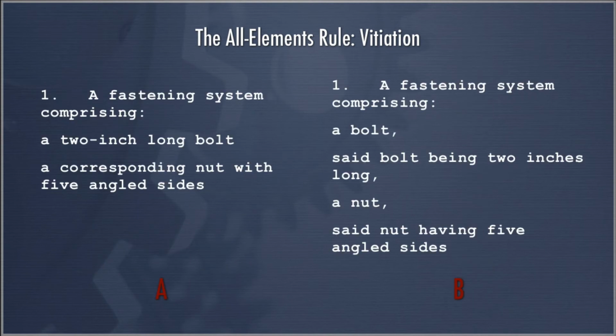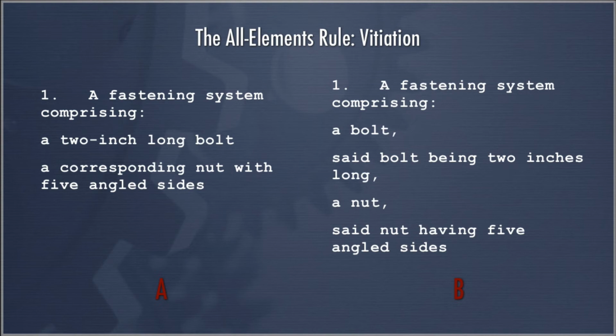And here's one other thing I wanted to note for you, which is we have two claims here. Claim 1 on the left, a fastening system comprising a 2-inch long bolt, corresponding nut with 5 angled sides. Claim 1 on the right, a fastening system comprising a bolt, said bolt being 2 inches long, a nut, said nut having 5 angled sides.